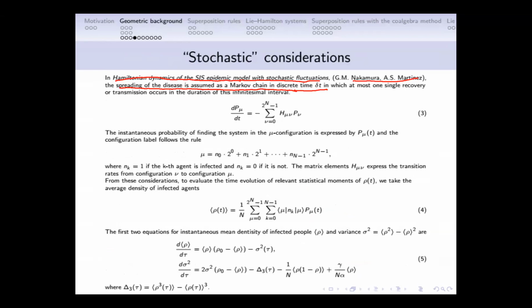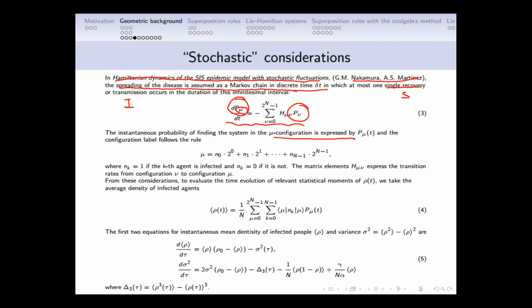It's either one transmission, where someone gets infected, or one single recovery, where you get back to susceptible. So this is the equation that tells you how you can pass from the instantaneous probability of finding the system in the mu state from finding the system in the nu state.